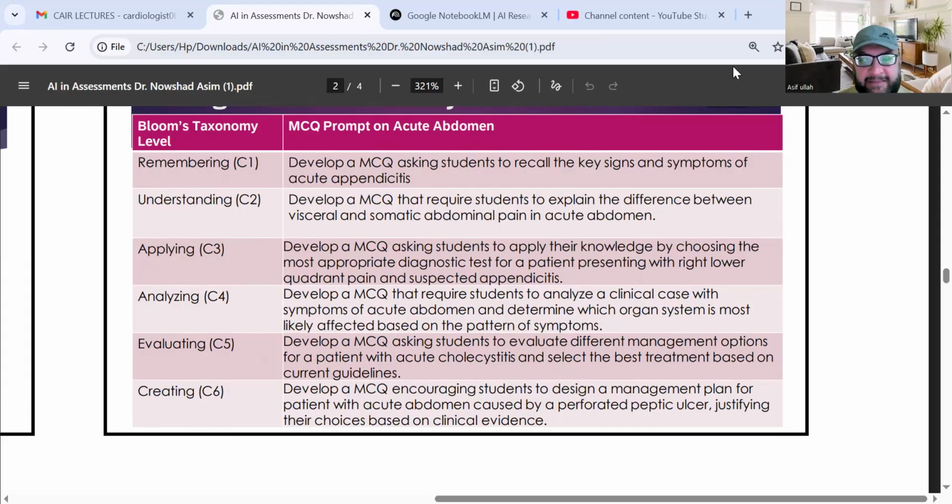In evaluating C5, you will give prompt as develop an MCQ asking student to evaluate different management options for a patient with acute cholecystitis and select the best treatment based on current guidelines. In creating C6, develop an MCQ encouraging student to design a management plan for a patient with acute abdomen caused by perforated peptic ulcer, justifying their choice based on clinical evidence.